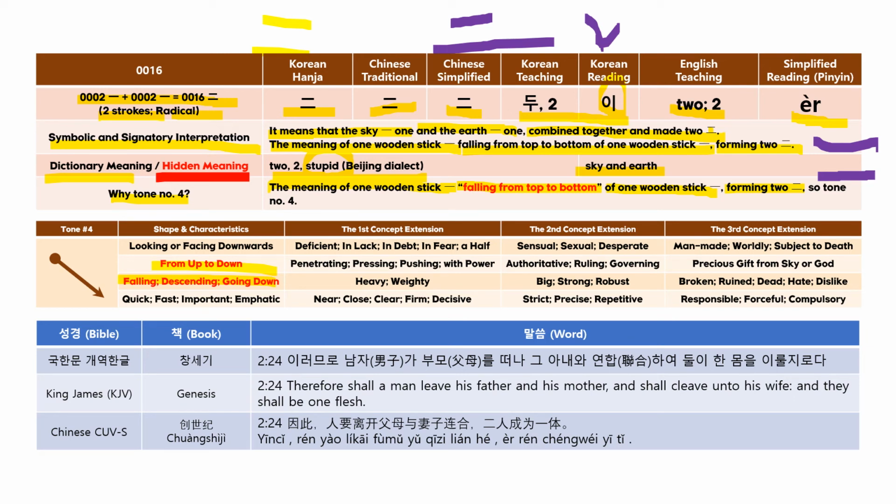This character reminds me of these Bible verses. "Therefore shall a man leave his father and his mother, and shall cleave unto his wife, and they shall be one flesh."